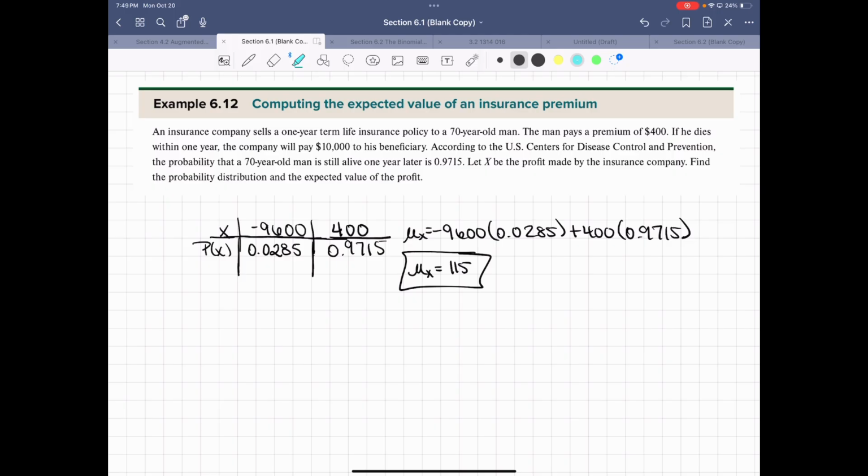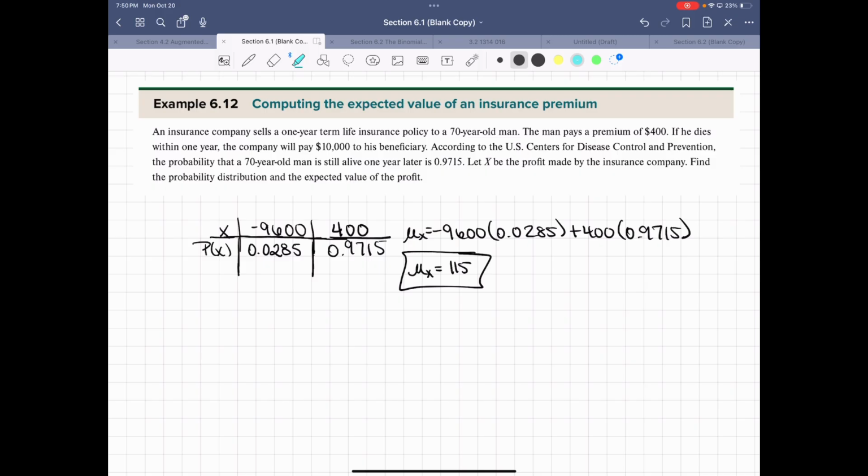Okay, so the life insurance company is the X. They're either going to make $400 on this 70-year-old man or they're going to lose $9,600. Where did I get the $9,600 loss from? Minus that $400. If he dies, they have to pay $10,000 to help get him buried. But here's the deal.